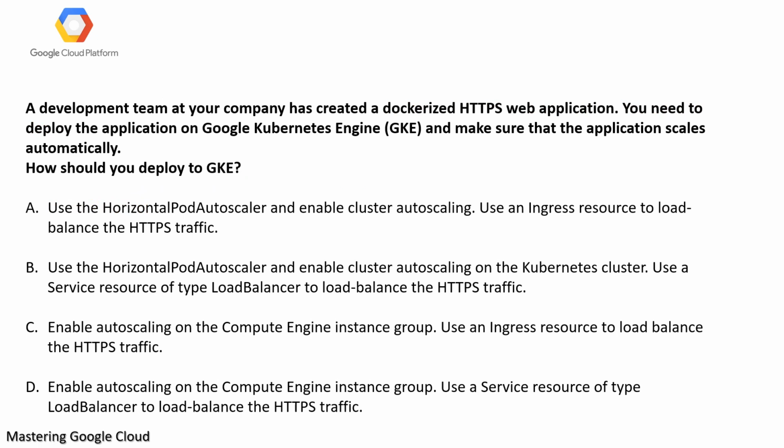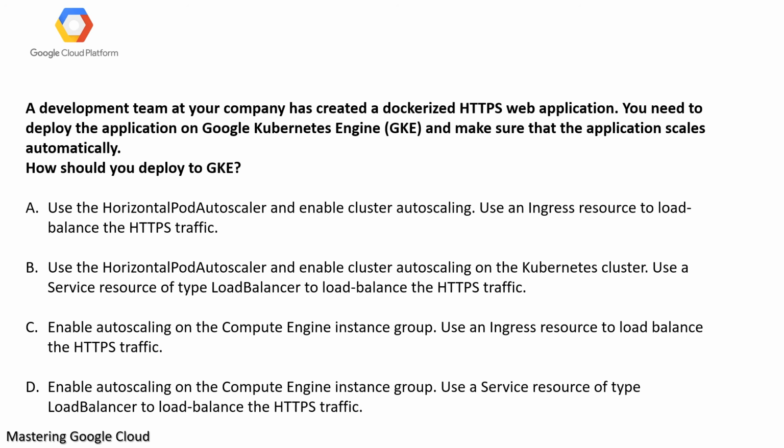In this problem, a development team at your company has created a Dockerized HTTPS web application. You need to deploy the application on Google Kubernetes Engine and make sure that the application scales automatically. So this refers to the section on networking and scaling of application.